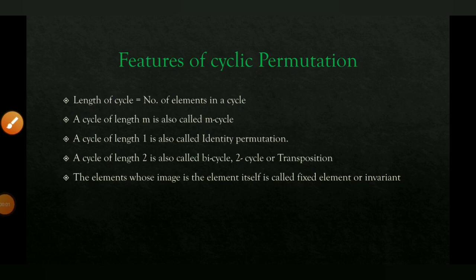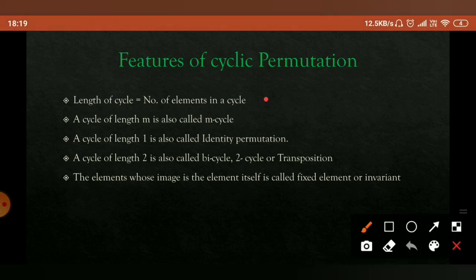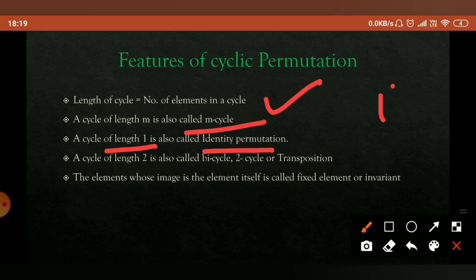Properties or features of a cyclic permutation. The length of a cycle means the number of elements it has. A cycle of length m is also known as an m-cycle. A cycle of length 1 is the identity permutation, because if it has only one element, whether it is 1 or 2, it is the image of itself. So this is known as the identity permutation.